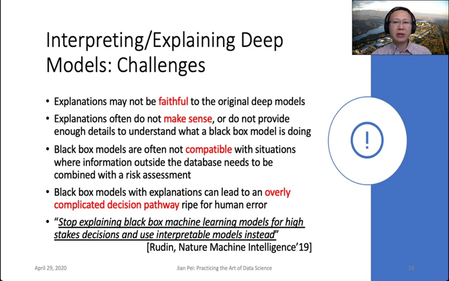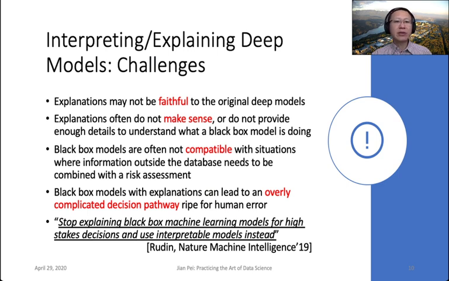Her position is very well set. She pointed out that explanations may not be faithful to the original deep model, and also interpretations often do not make sense or do not provide enough details to understand what the black box model is doing.